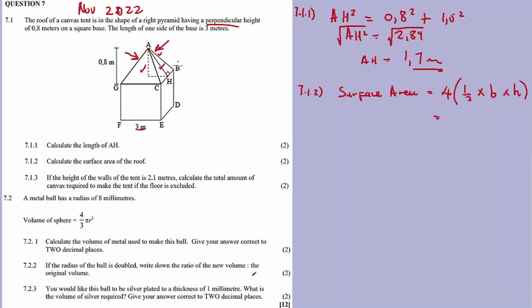You multiply by 4 because there are 4 faces around the roofing. What is the base? These triangles are all the same. So the base is 3 meters, since the roof has a square base. The height that we calculated is 1.7.